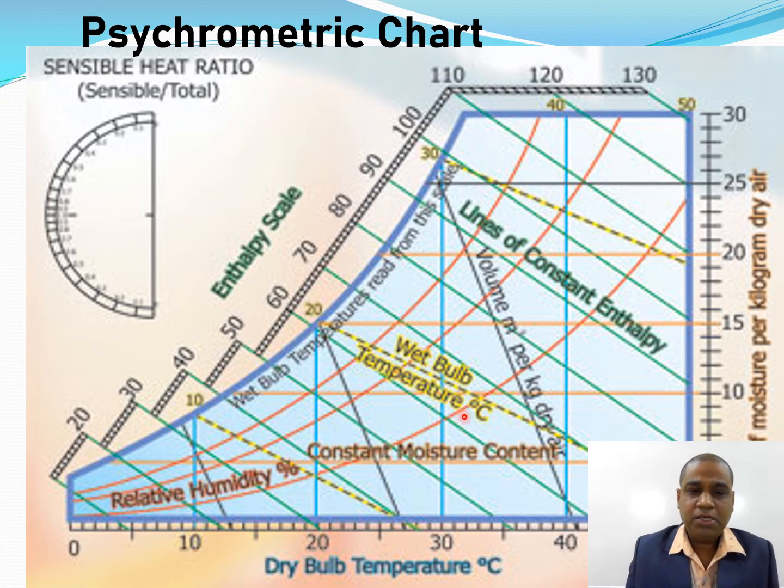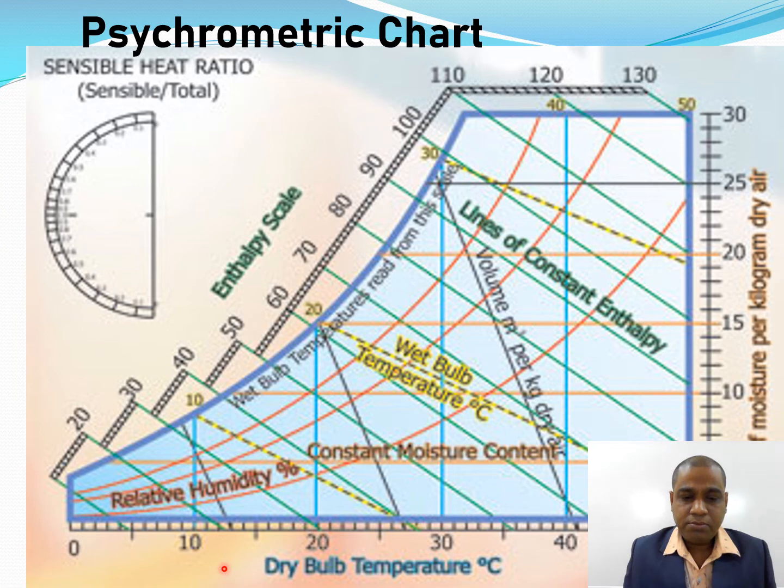So this psychrometric chart will indicate the properties of air in a graphical way. This is the graphical representation of the properties of air.